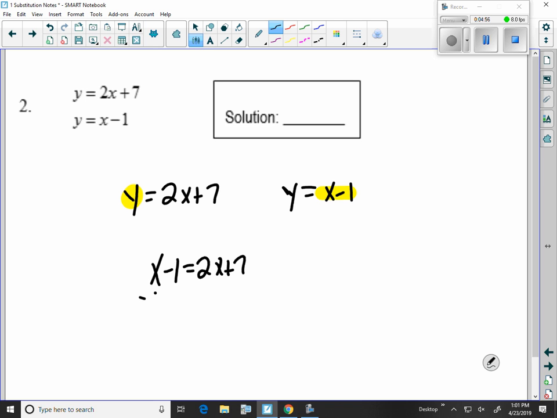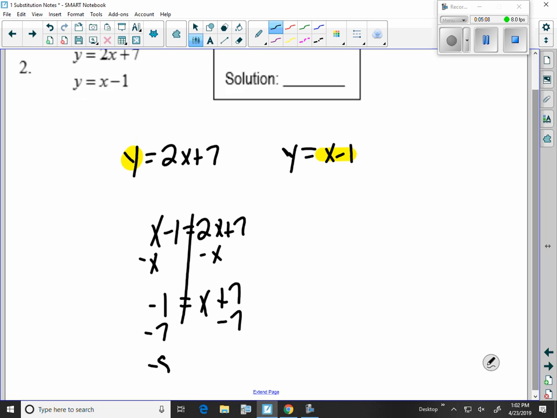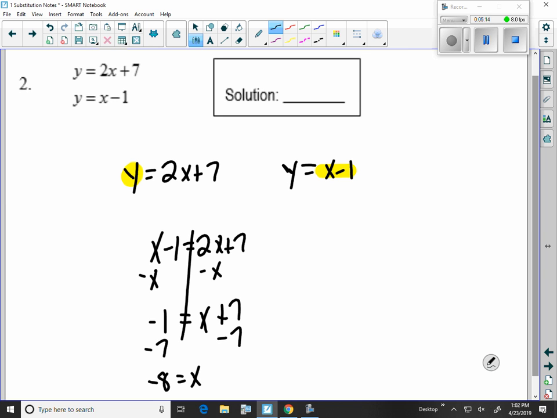I'm going to go ahead and subtract x. Okay, do you agree that x is negative 8? I already filled that for you. Now, once we have x equals negative 8, what are we going to do?